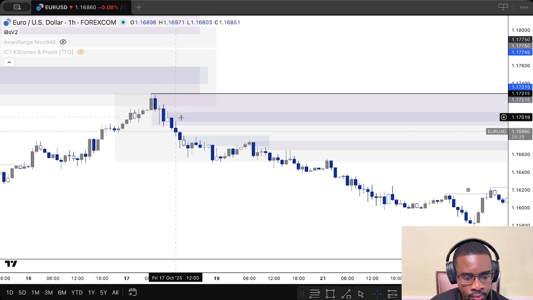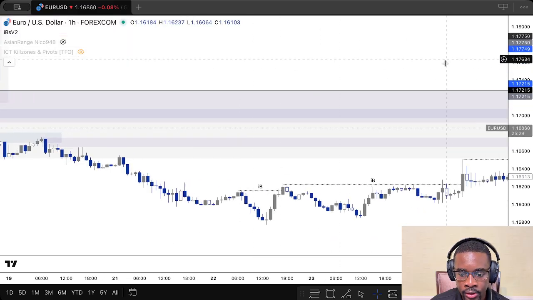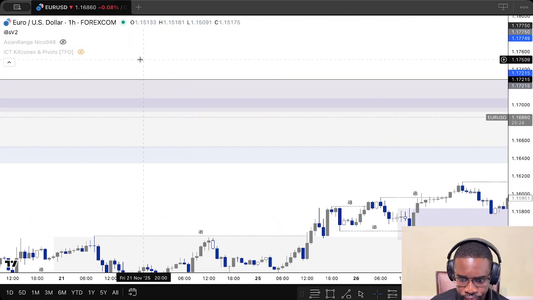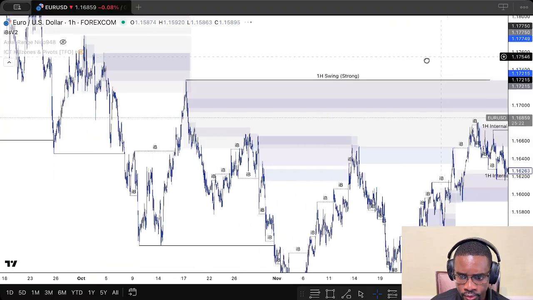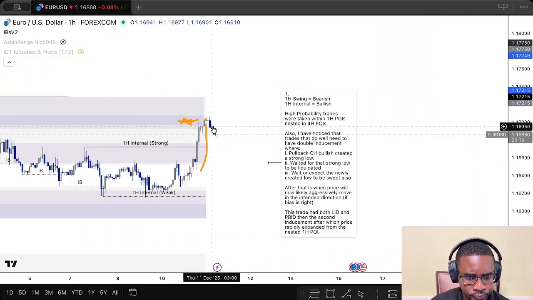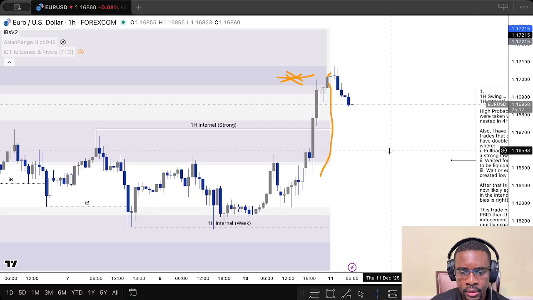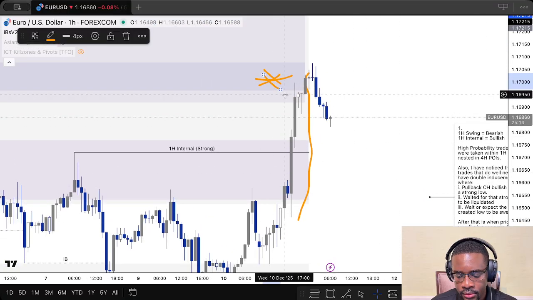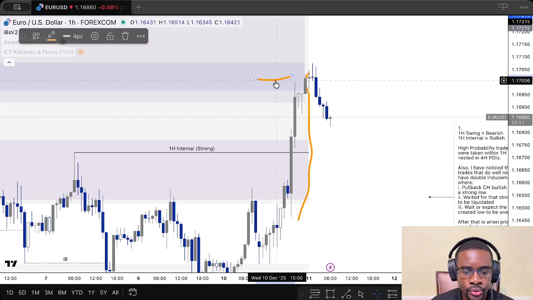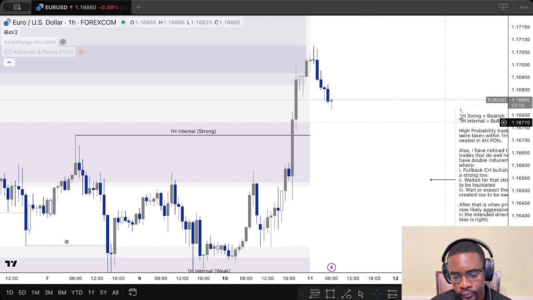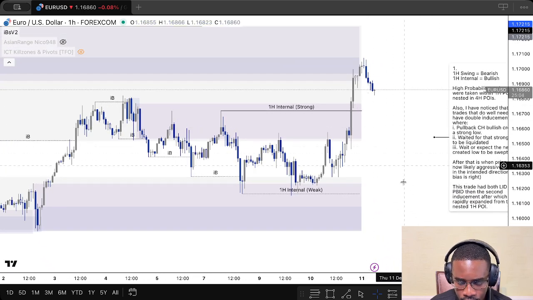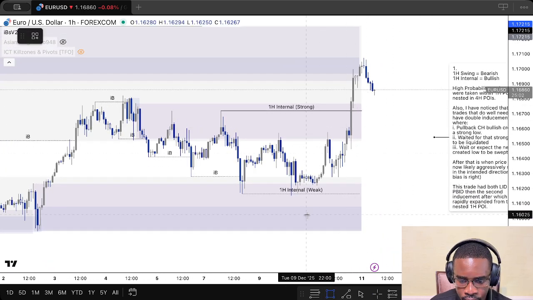Yes, this is the only supply at the extreme available on the 1 hour, and we can see that's where price mitigated and is giving off a reaction. So this could simply be a reaction to come back into the range.